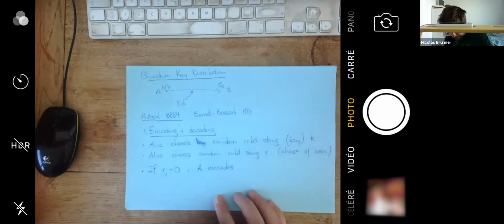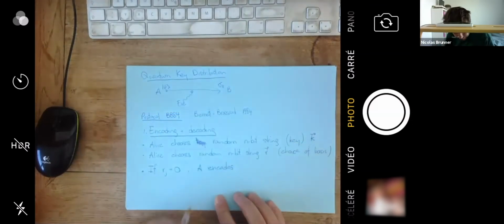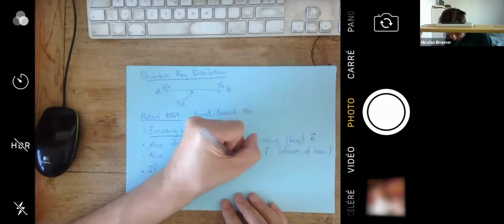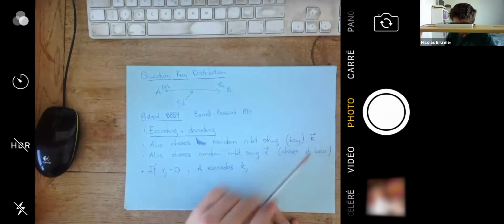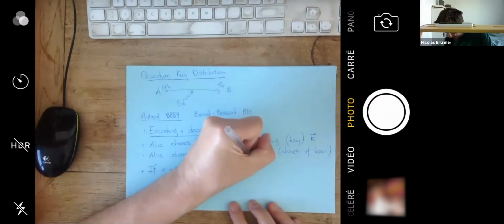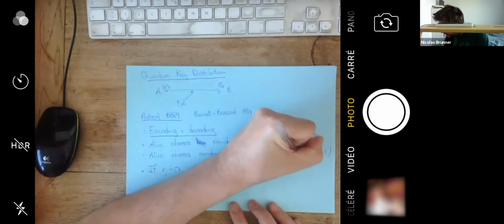Let me call it K, okay? And maybe I write these as vectors. So then A encodes Kj, so the jth component of the key, with the Z basis.